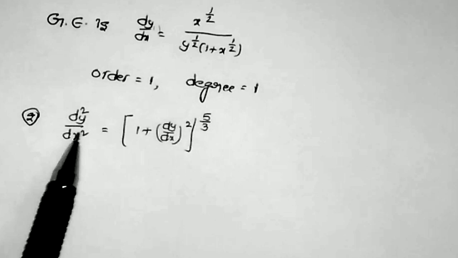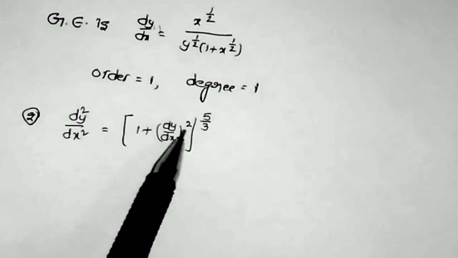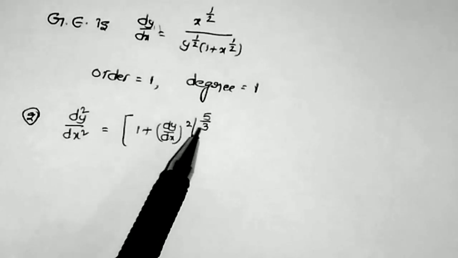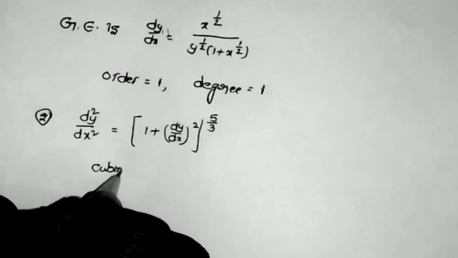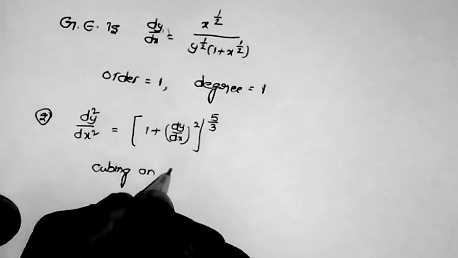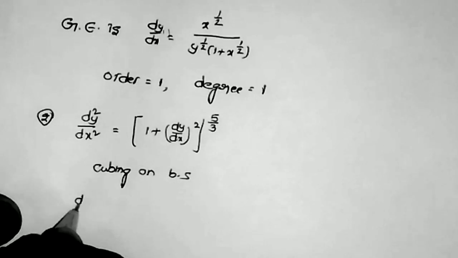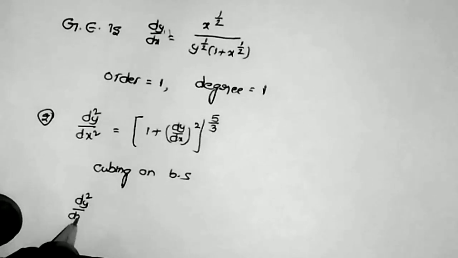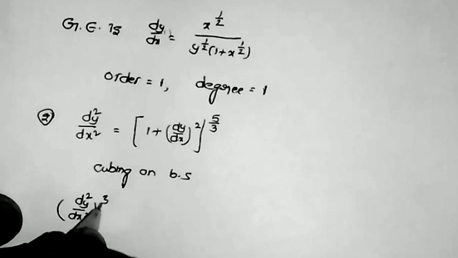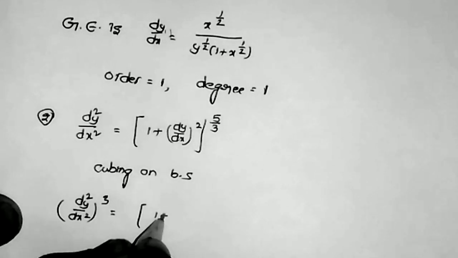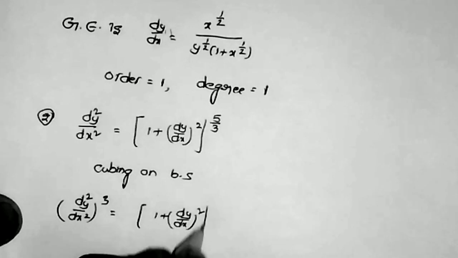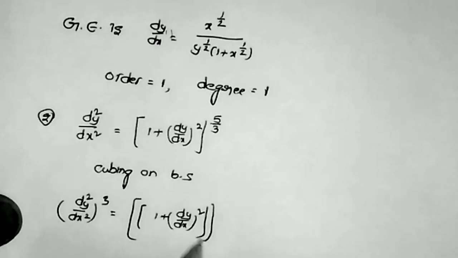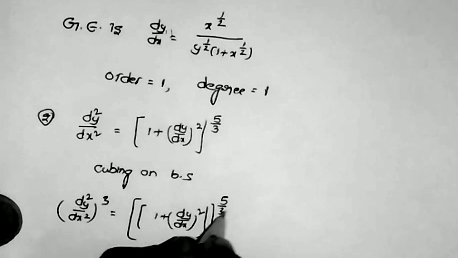Here we apply cubing on both sides to remove this 3 in the denominator. That is, the first step is cubing on both sides. That is, d square y by dx square whole cube is equals to 1 plus dy by dx whole square power 5 by 3 whole cube.